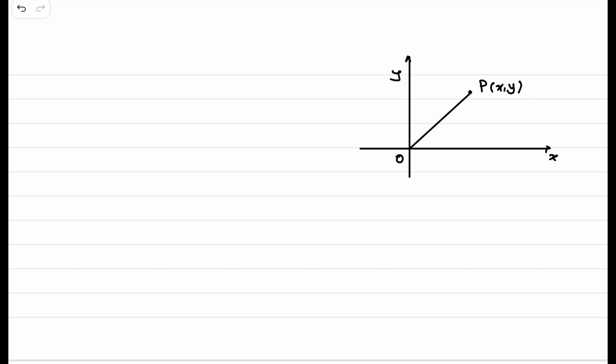It is an xy coordinate system, and OP is the positional vector. Similarly, on the xy plane, instead of position, I have taken the x coordinate and y coordinate as the rate of change of position.